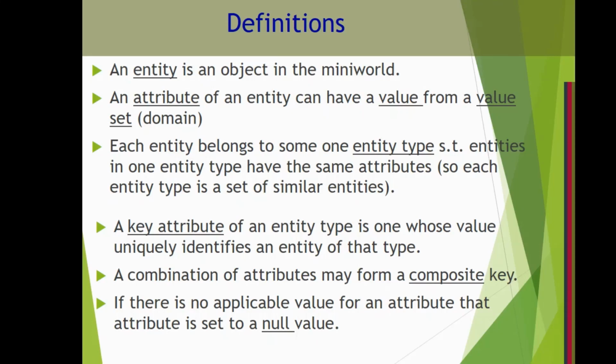Now, a combination of attributes may form a composite key. Clear? So I'll give this example. For example, the attributes of supplier are supplier code, supplier name, supplier city, supplier rating. I repeat, S code, S name, city and rating.